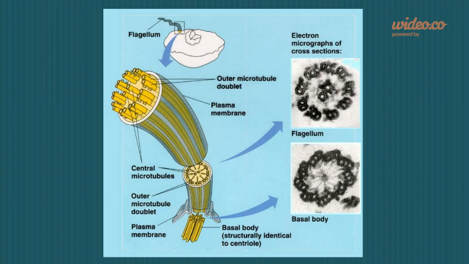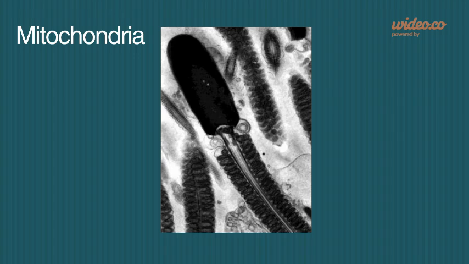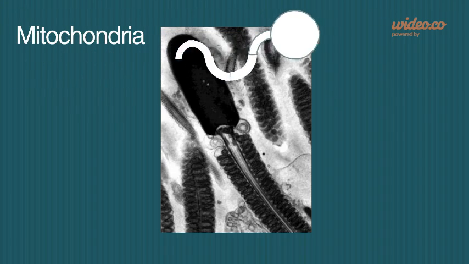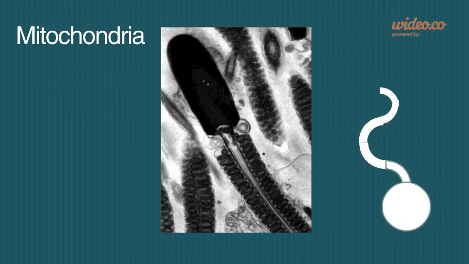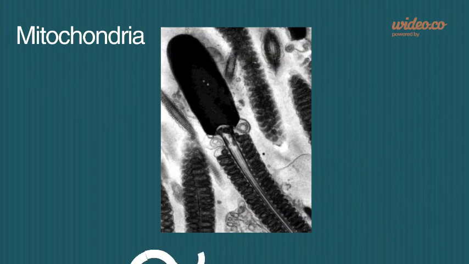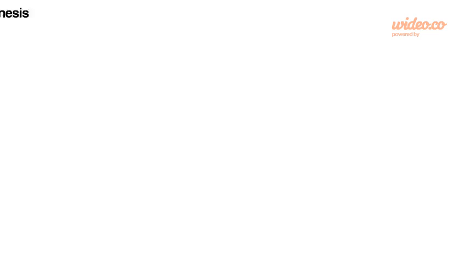Flagellar movement is driven by dynein motor proteins fueled by ATP to slide the microtubules past one another. Sperm contain many specialized mitochondria in the midpiece, which are strategically placed around the flagella for the most power. Semen contains fructose as the main energy source for the mitochondria to produce ATP.